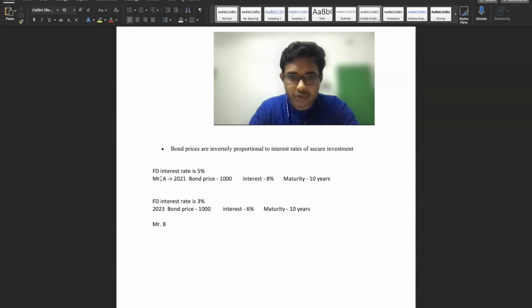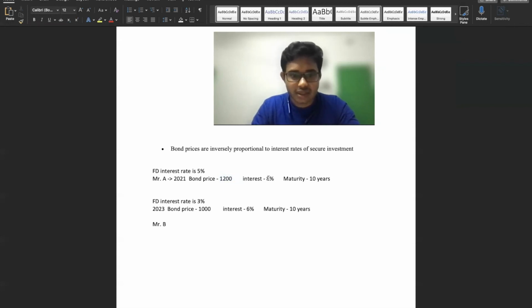And Mr. A wants to sell, but will Mr. A sell his bond at the same price that he bought? No, he will increase the bond price, because if someone buys his bond, that person will get 8% interest, because once the interest rate is fixed, it cannot be changed, right? So now Mr. A will sell his bond at 1,200 rupees with an interest rate of 8%.